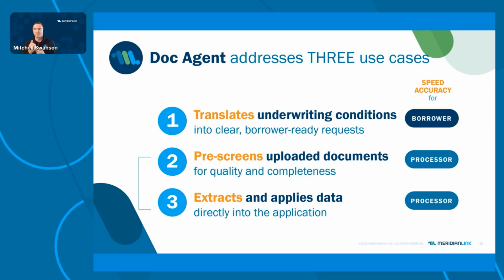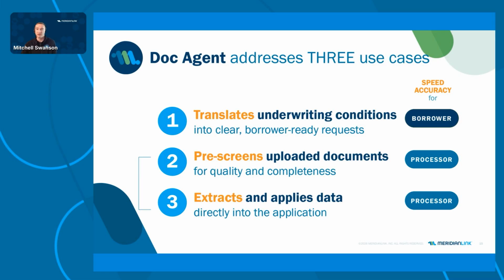Is it blurry? Is it recent? I asked for last month's pay stub. Did you give me last year's? And last but not least, is it relevant? If I am asking for a pay stub, did you give me a picture of your dog? That's going to help you drive towards accepting or rejecting that document faster, bringing your eyes to where they need to go when reviewing them.